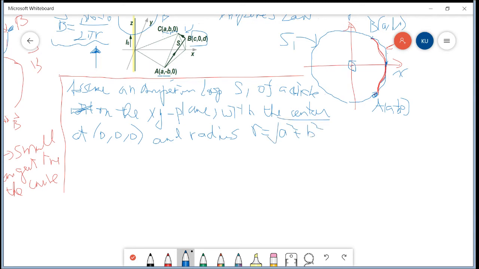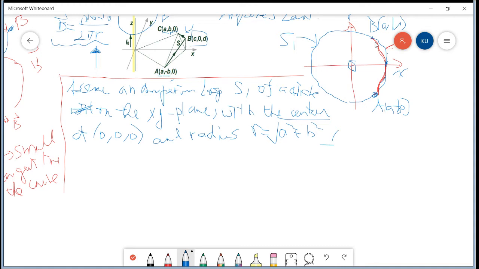So it looks so long, but actually we only assume S1 is the whole circle. Is the whole circle here in blue.